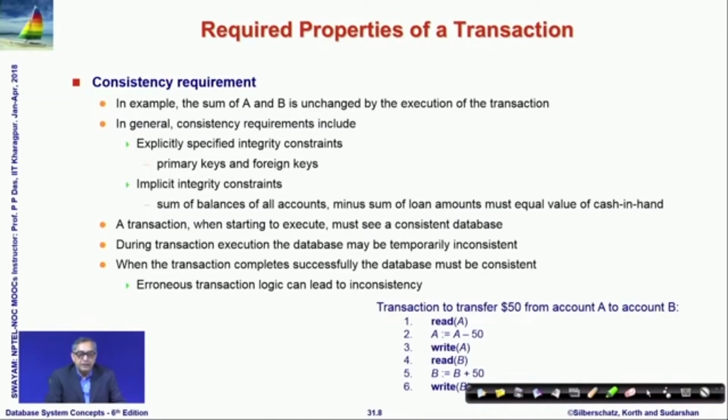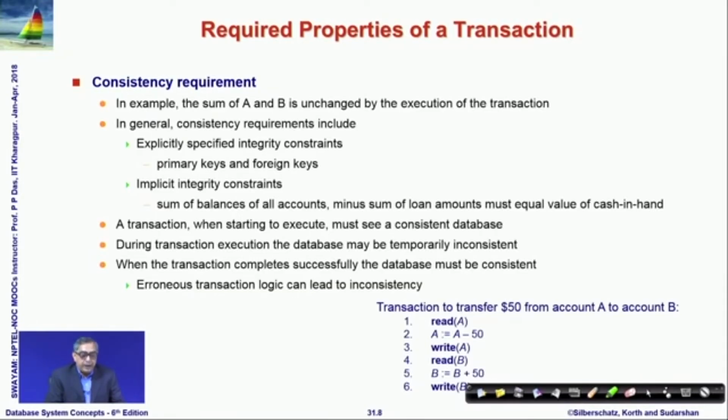For example, in this accounting case, if we are making transfers, then while making a transfer from account A to account B, the sum of the balances in account A and account B before the transfer and after the transfer must be same. So, money should not disappear, neither should it get generated.